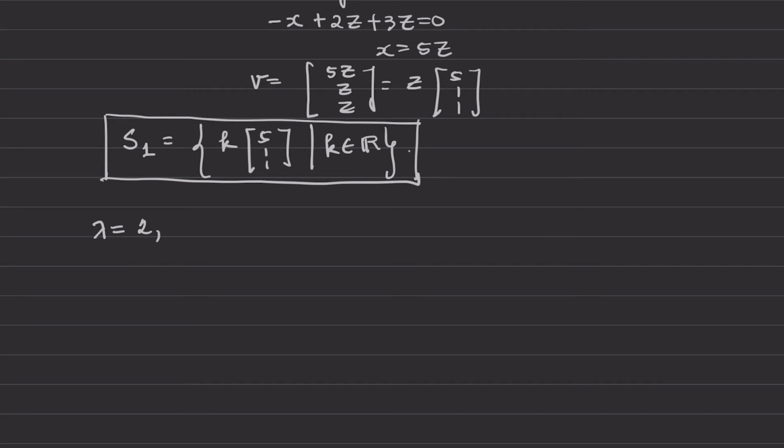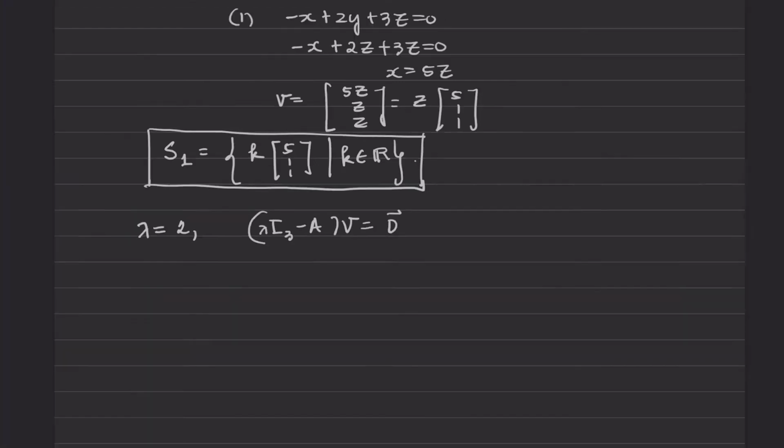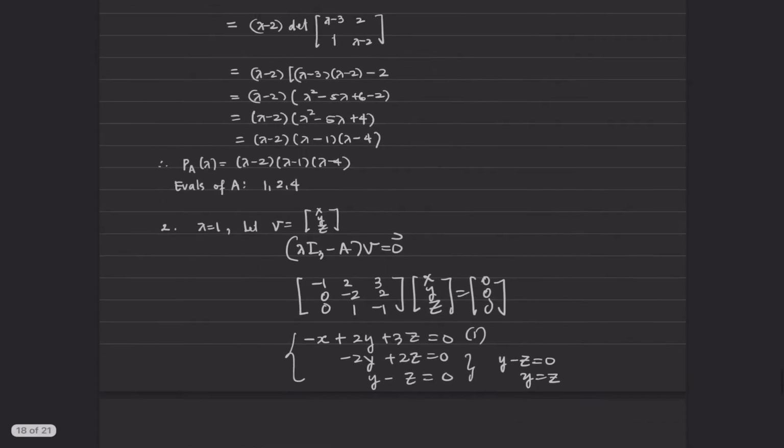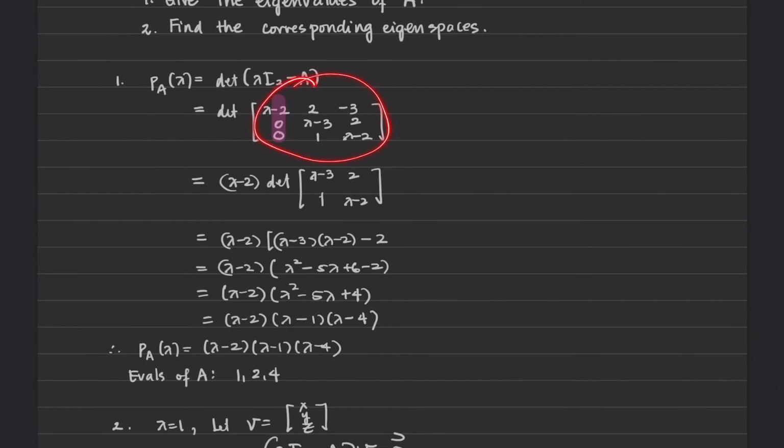So, compute natin yung lambda I3 minus A V equal to 0. Ang V natin, X, Y, Z. So, doon papalitan mo lang ng 2 yung lambda. So, sulat ko dito, lambda equal to 2, tapos ka-copy paste na lang natin. 0, 0, 0, 2, negative 1, 1, negative 3, 2, 0.